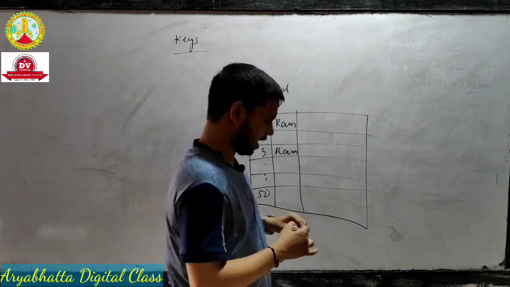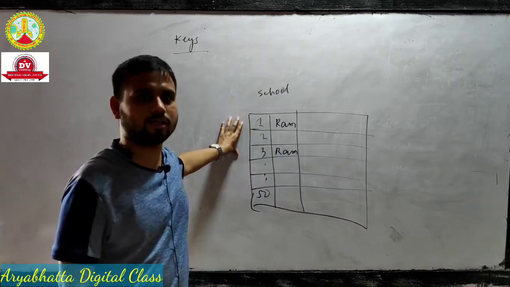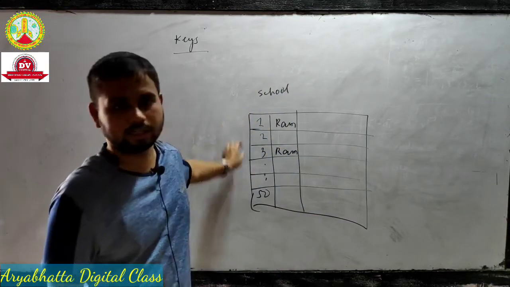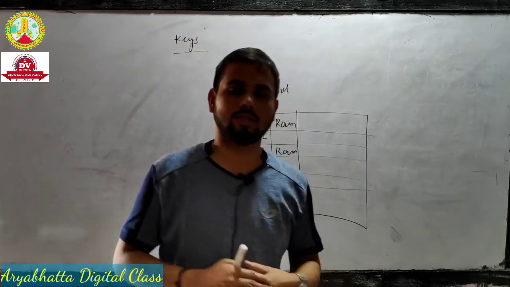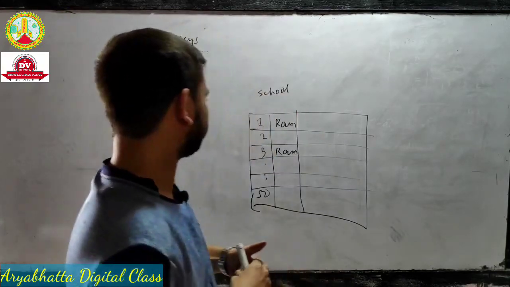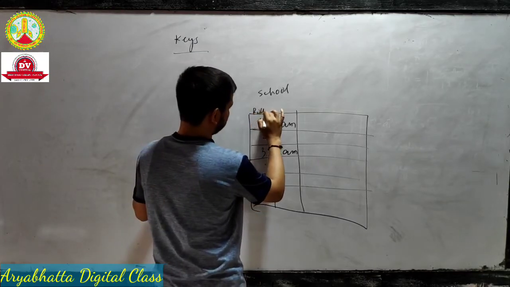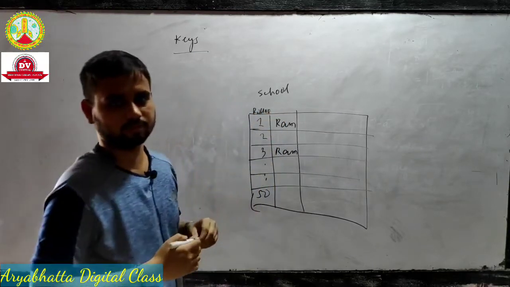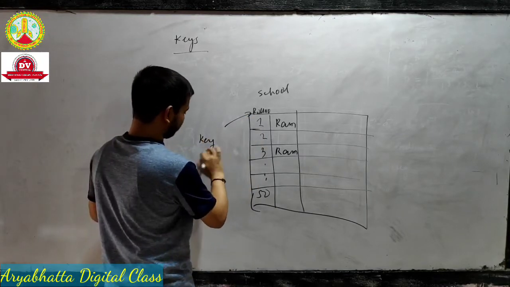Then how do you access this? This is data redundancy, and the first purpose of a database is to reduce data redundancy to a large extent. But you see, the roll number is different, and that is the main primary key.